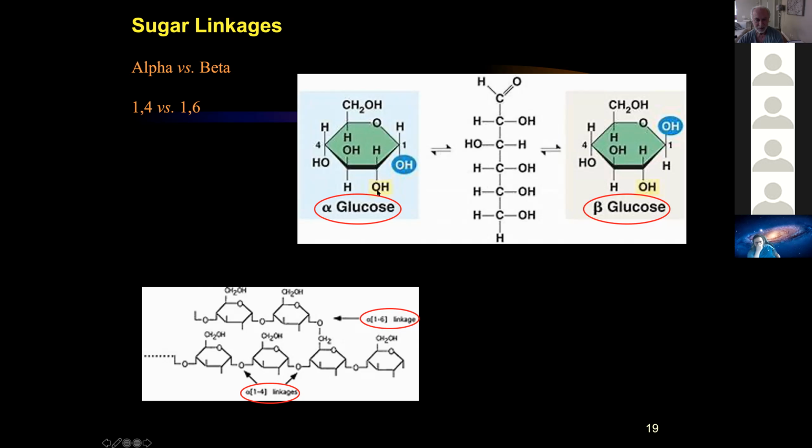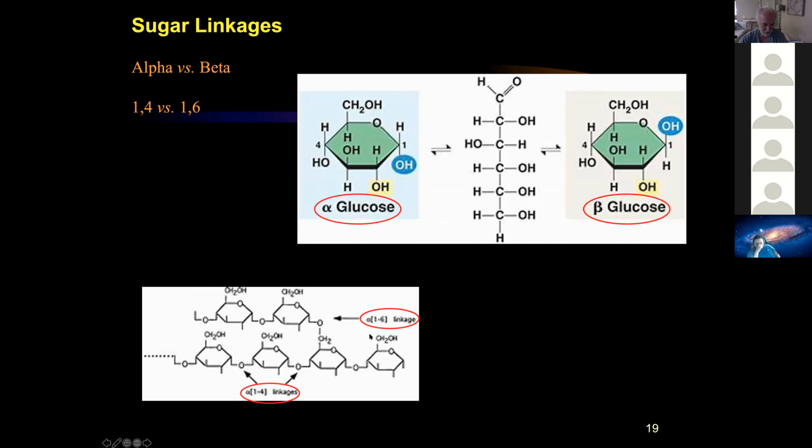If it's on the side of this adjacent hydroxyl, it's called alpha. If it's on the opposite side of this hydroxyl, it's called beta. So that is what distinguishes an alpha linkage from a beta one.